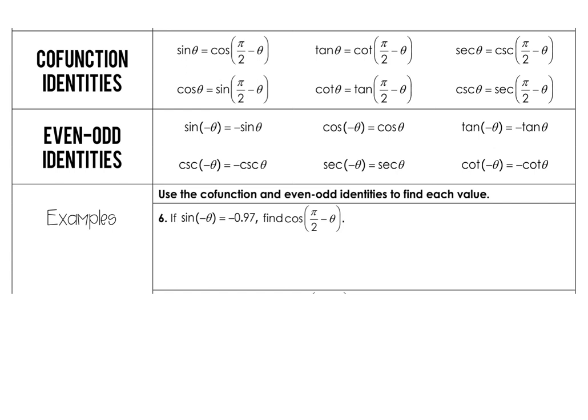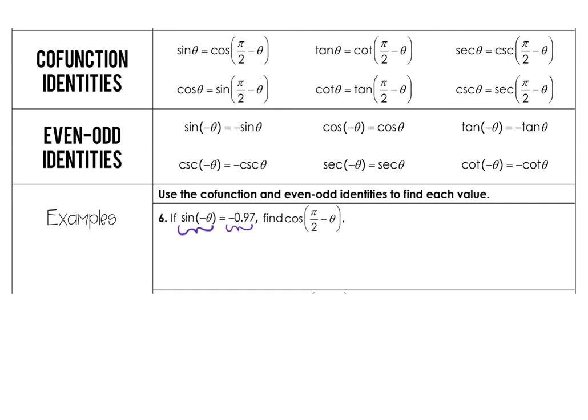They've given us the sine of a negative angle. All right, the sine of a negative angle is negative 0.97. So we know that the sine of a negative angle is the negative sine. All right.